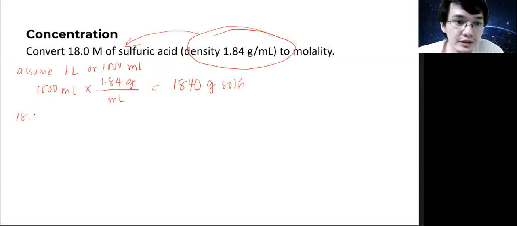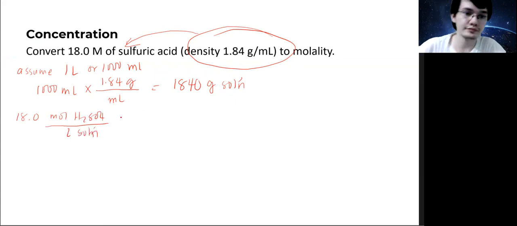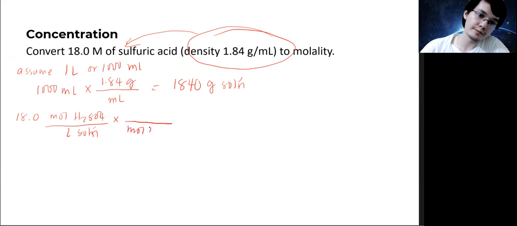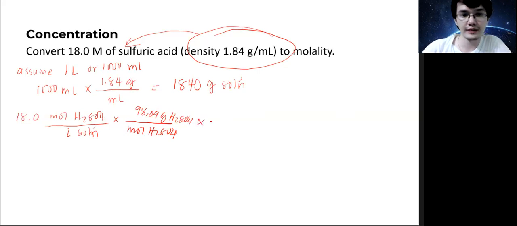So 18 moles per liter solution, times the 1 liter of solution we assumed. So the units cancel.